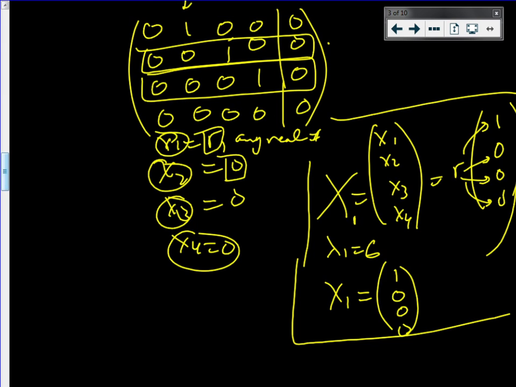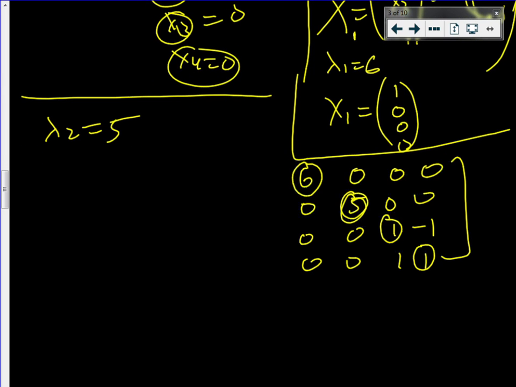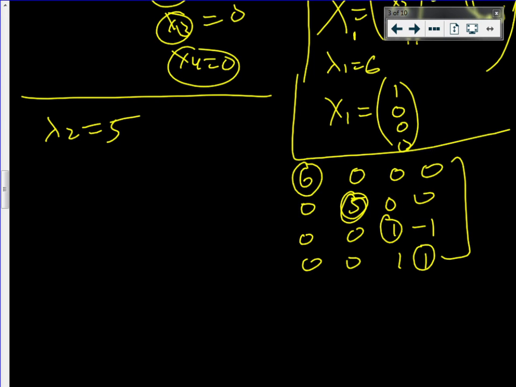Okay, now we're going to do the same thing with lambda 2, which was 5. Now, I hope that I have M here. There, let me just erase. Let me put it here as well. Okay. Remember, I'm supposed to take away lambda from each element on the diagonal.